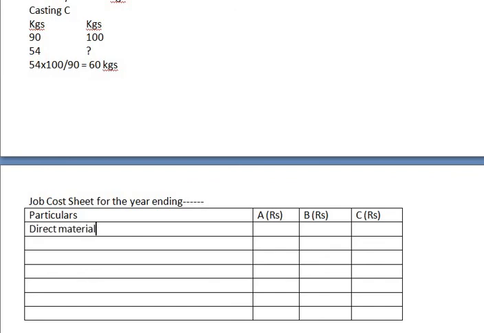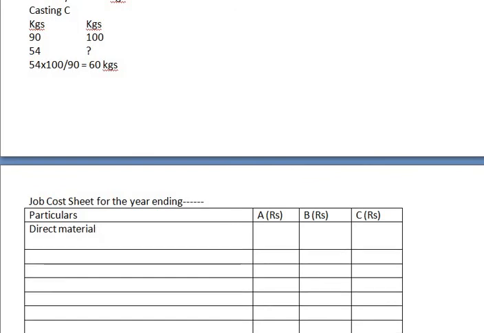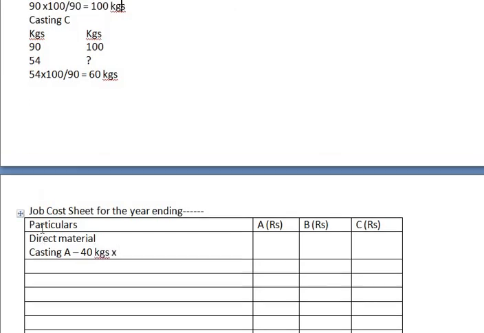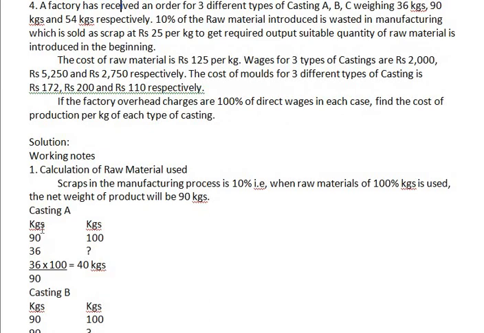Direct material we have already calculated for casting A, so 40 kgs into the per kg rate, which is given in the problem. Go through the problem, second paragraph: the cost of raw material is rupees 125 per kg.